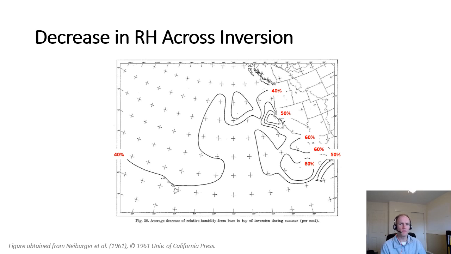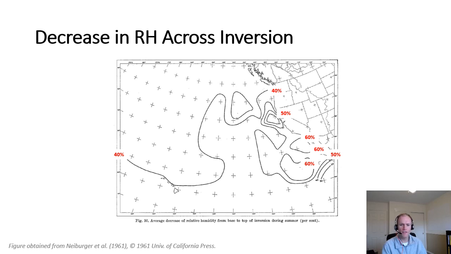So you're going from something that's roughly 30 to 40% relative humidity at the top, and you're decreasing it by 50 to 60% across that inversion, which we can use to infer that the relative humidity is about 80 to 100% beneath the inversion.